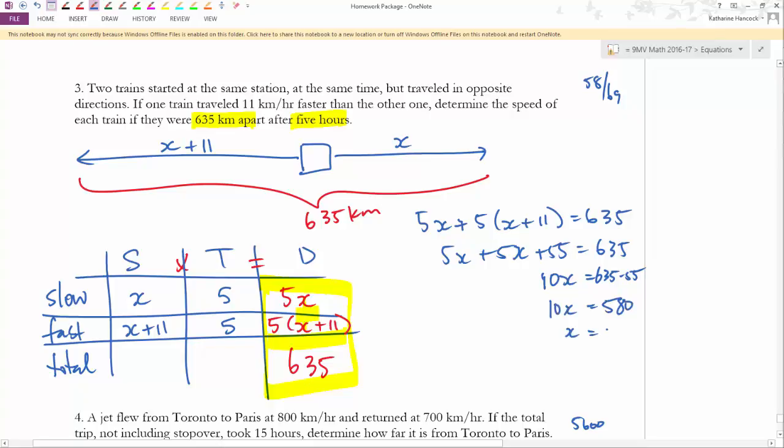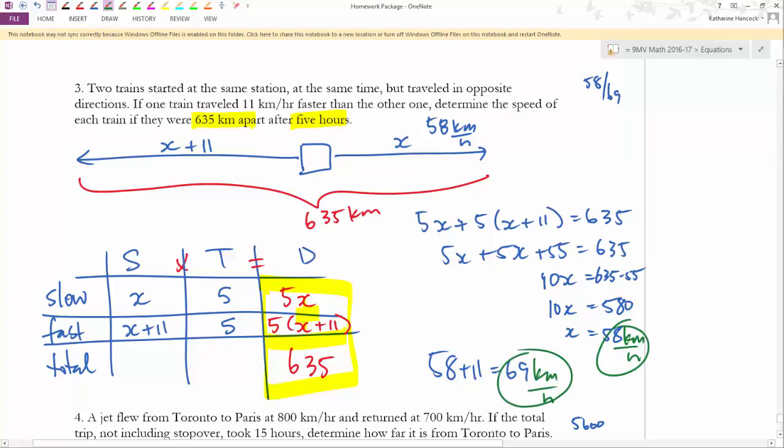So x equals 58. Hey, I got that one right. So the first speed was 58 kilometers an hour. The other speed going the other direction is 58 plus 11, which equals 69 kilometers an hour. So I have my two answers, 58 kilometers an hour and 69 kilometers an hour.